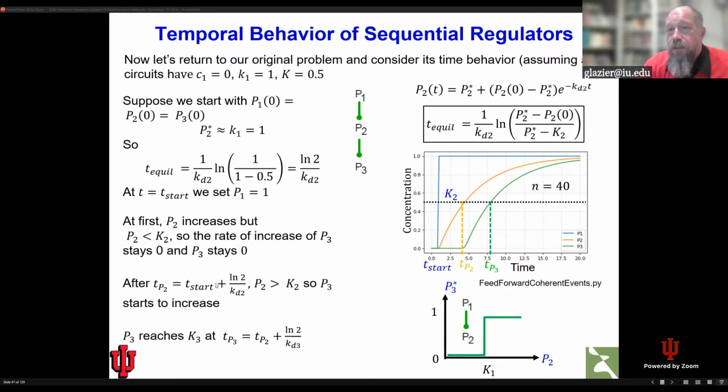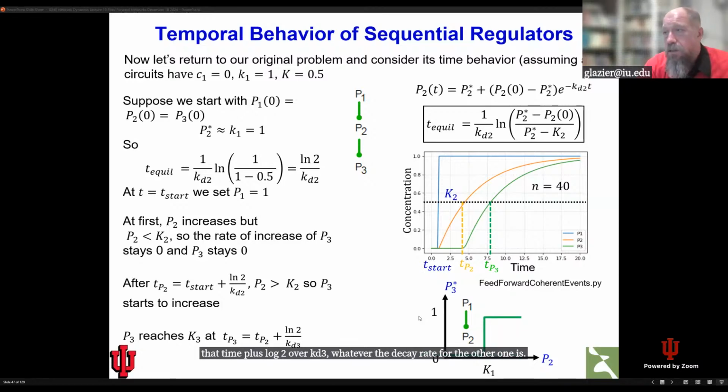And so then TP2 is approximately, whenever you turn on P1, about log 2 over KD2. And then P3 is that time plus log 2 over KD3, whatever the decay rate for the other one is. And so now I can actually control the time at which P2 turns on and the time at which P3 turns on.